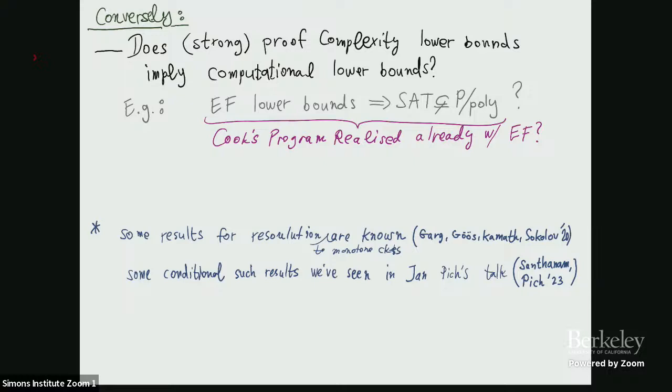I think one paper is Garg, Göös, Kamath, and Sokolov. You have this kind of idea, again, in the weak regime of proof systems. There might be other papers here, it's a well thought out question.